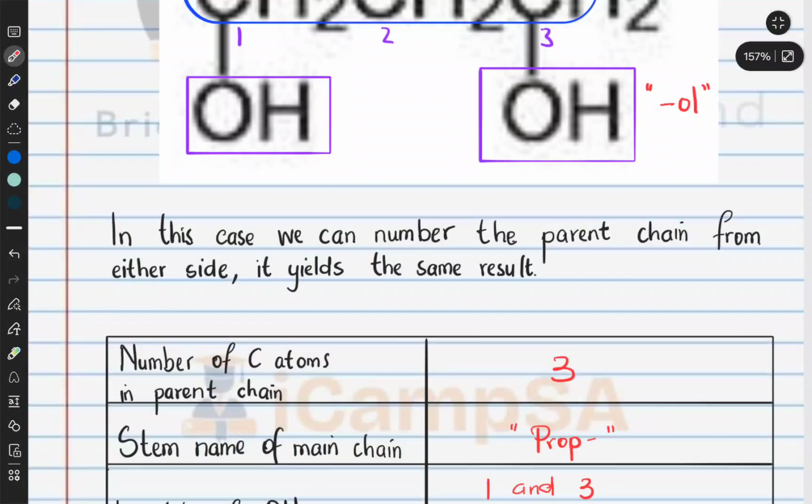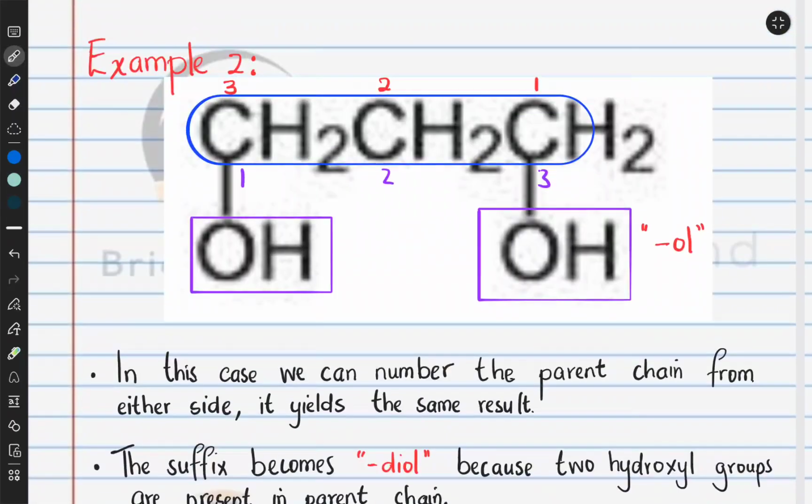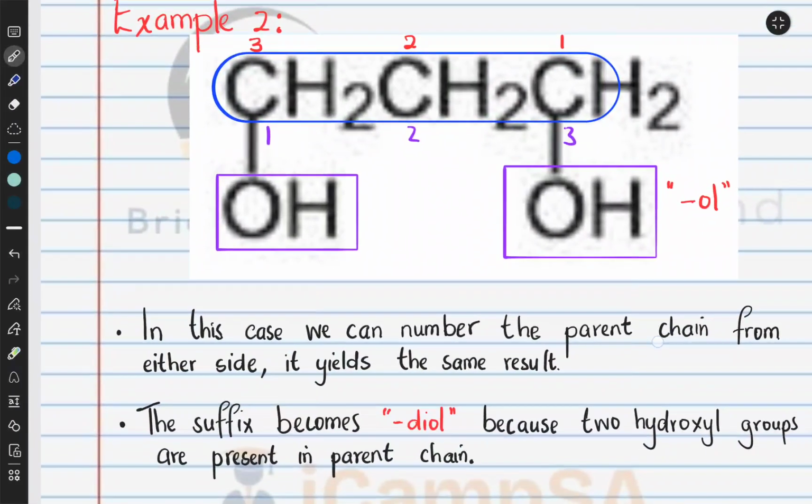So we have to note that. All right, we've added that piece of information. The suffix will now become diol because there are 2 hydroxyl groups present in the parent chain.